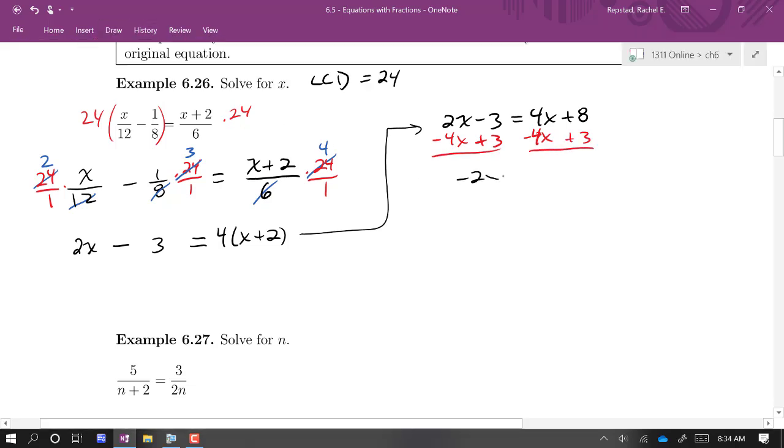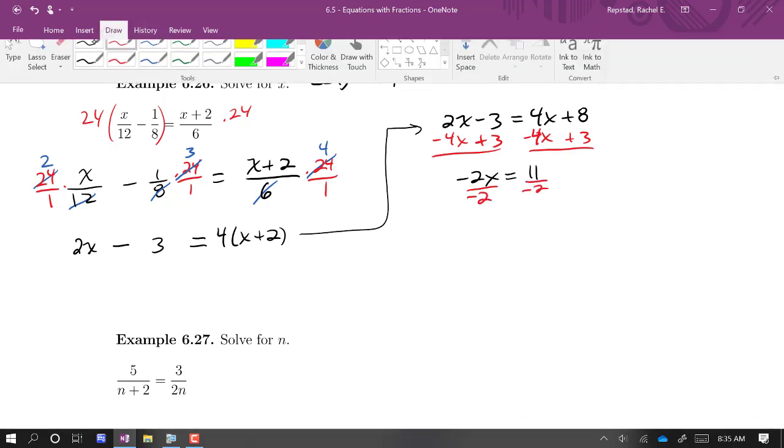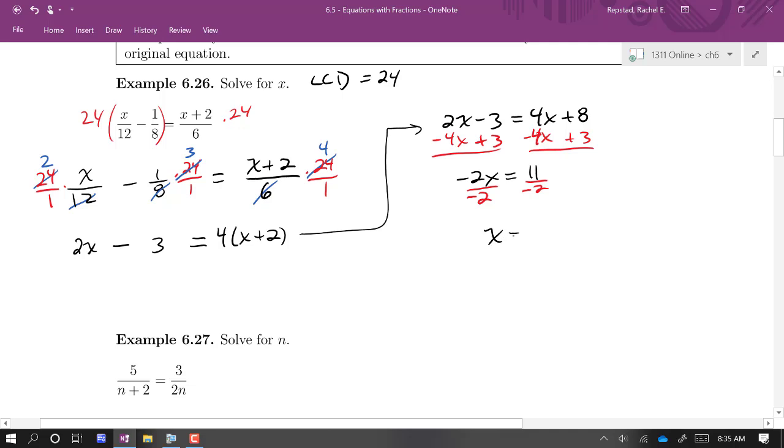So again, negative 2x is equal to 11, and now we just divide both sides by negative 2. And we get negative 11 halves for our result here.